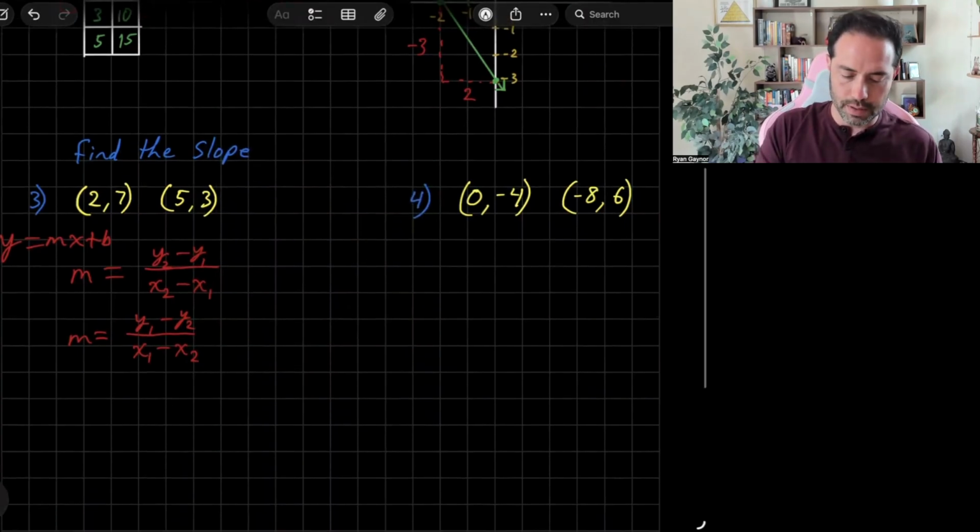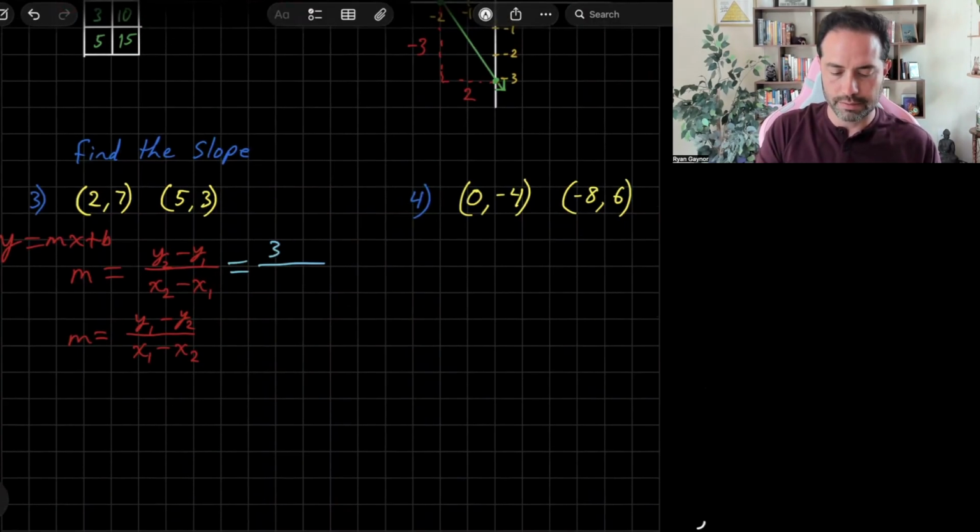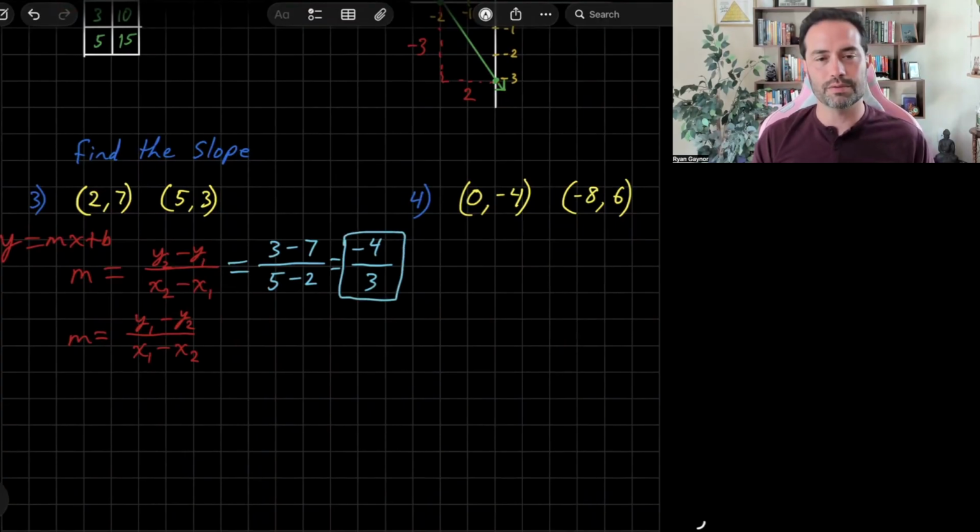We have the second y, so let's call that 3, minus the first y, which would be 7, over the second x, which would be 5, minus the first x, which would be 2. 3 minus 7 is -4, and 5 minus 2 is 3. So you can see our final answer is -4 over 3.